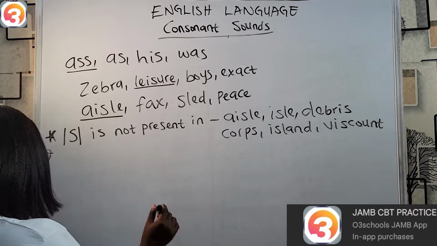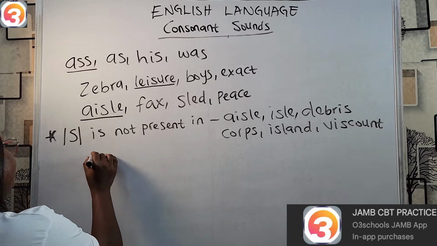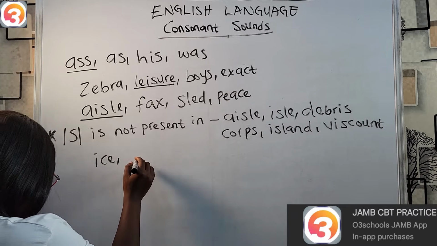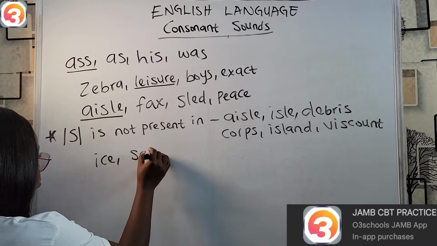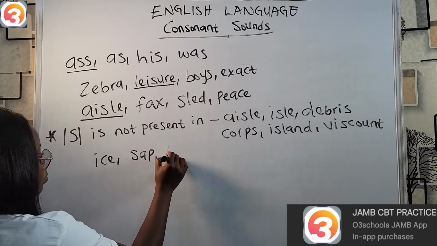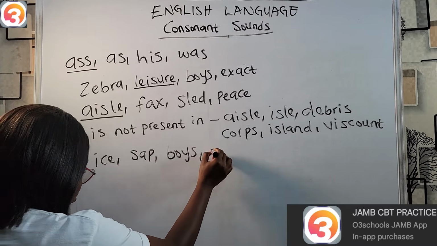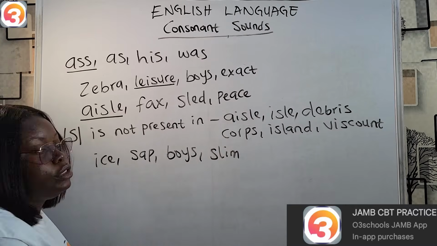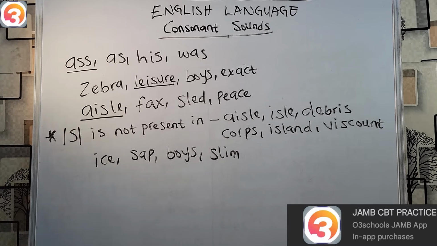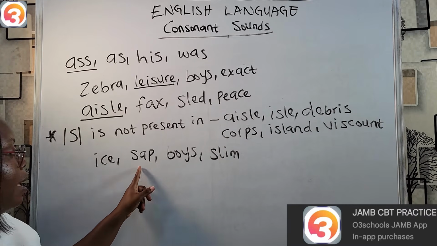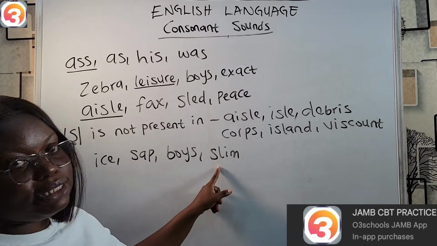So let's say we also have these words. So let's pronounce. Here we have ice, we have sap, we have boys, and we have slim.